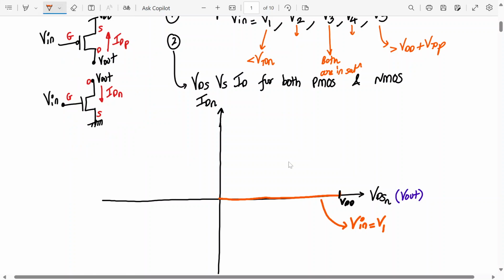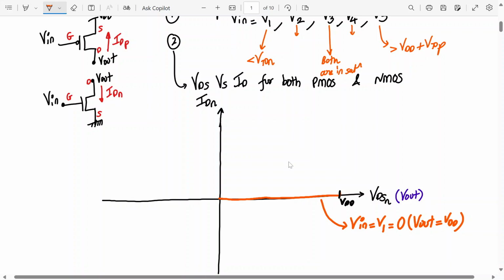The current is 0 because the NMOS transistor is off. But what about the output? V in is 0, this is 0. Can you tell me what VDS and V out are? Here V out is equal to VDD. If V in is 0, that is what this inverter means.